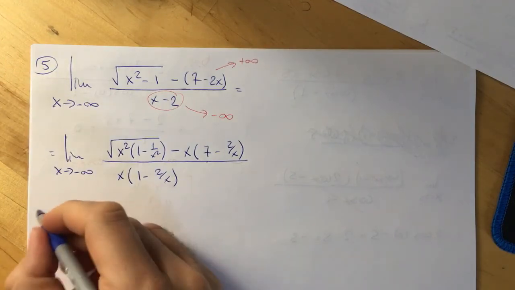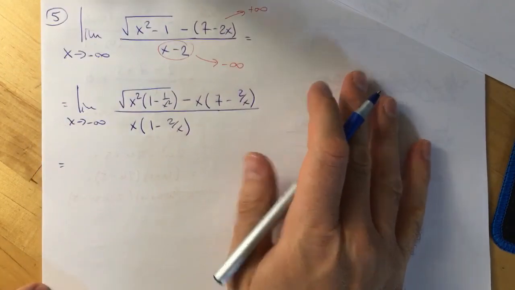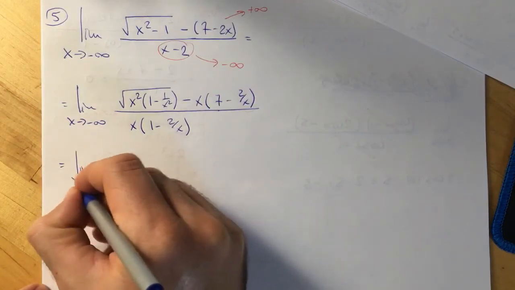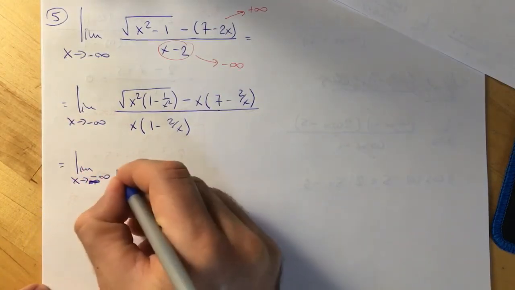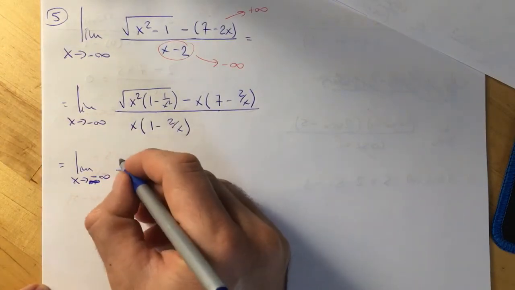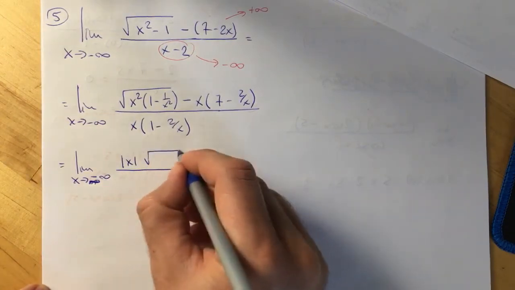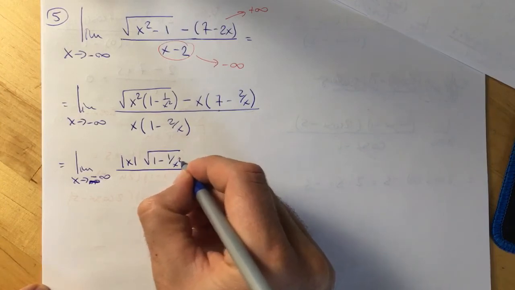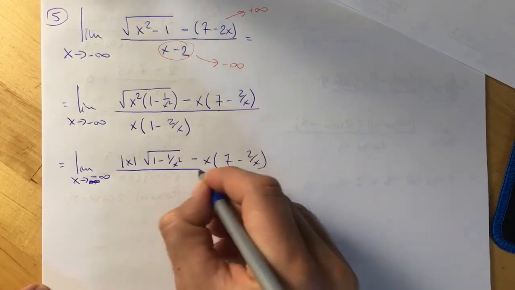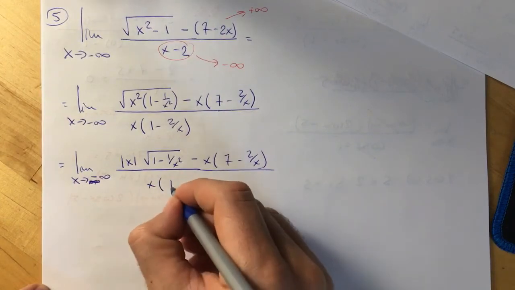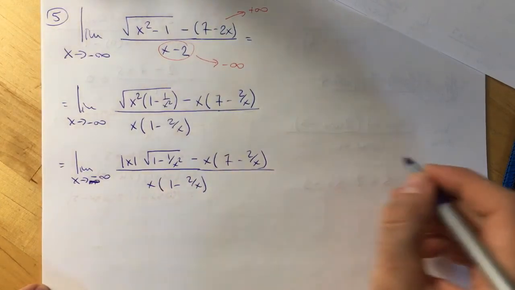Okay. Now, as we said in class, sorry, this is negative infinity. Square root of x squared is absolute value of x, times square root of 1 minus 1 over x squared, minus x times 7 minus 2 over x, over x times 1 minus 2 over x.